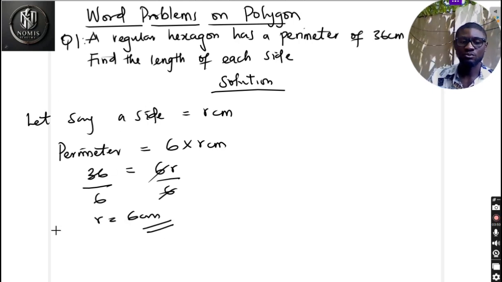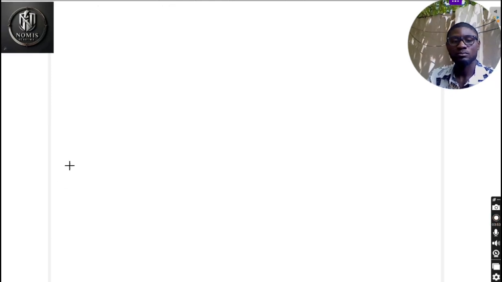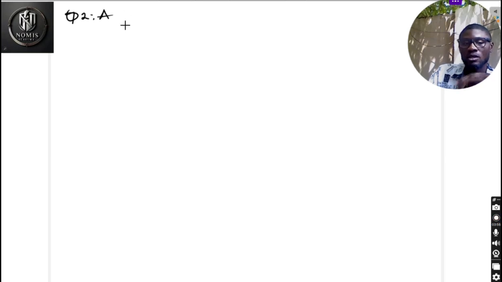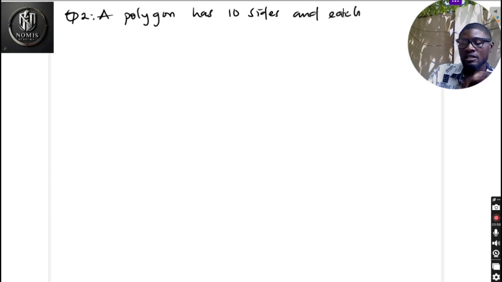Let's take example number 2. Question number 2 says a polygon has 10 sides, and each interior angle measures 144 degrees.